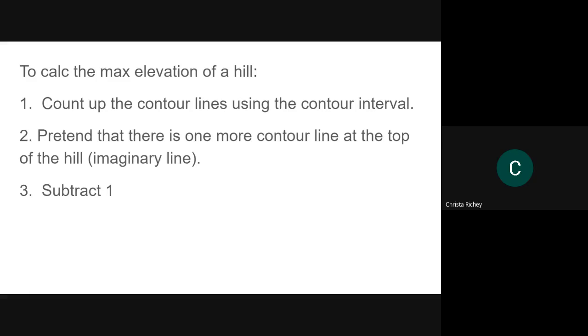So let's say that the contour interval is 10 feet, and the lines are 70, 80, 90. Then 1 more would be 100. Subtract 1, and the maximum elevation of that hill would be between 91 and 99 feet.